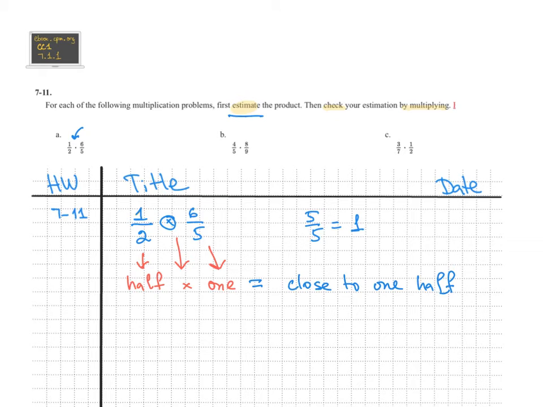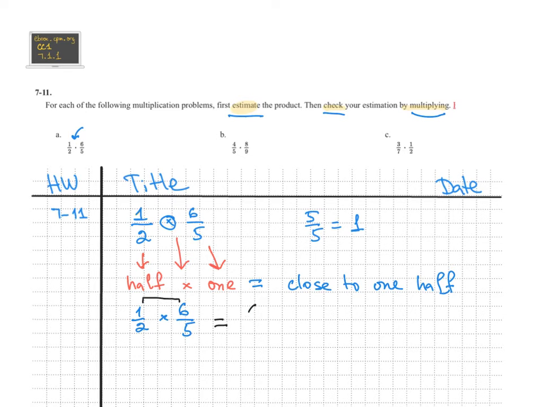I agree with that. But remember, first part was estimate. Now let's continue with actually the second part, which is multiplying. It does say check your estimation after we multiply. So 1/2 is the first fraction, times 6/5. Now when we were learning about that, we started with visuals and the area model. So we learned that the top number multiplies with the top number.